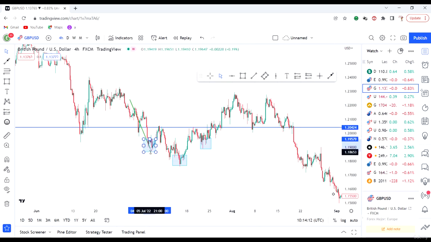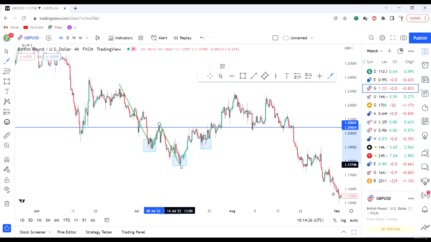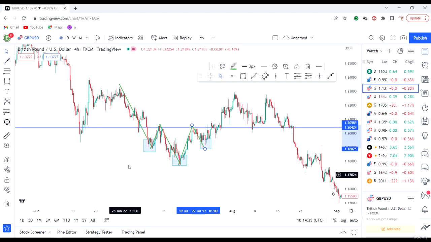So it came from here, made it like this, and then came up, made it like this, came down, made it like this, came up, made it like this, came down, made it like this. And now you see we have an inverted head and shoulders, right? We have the neckline here, we have the inverted shoulder, inverted head, inverted shoulder.